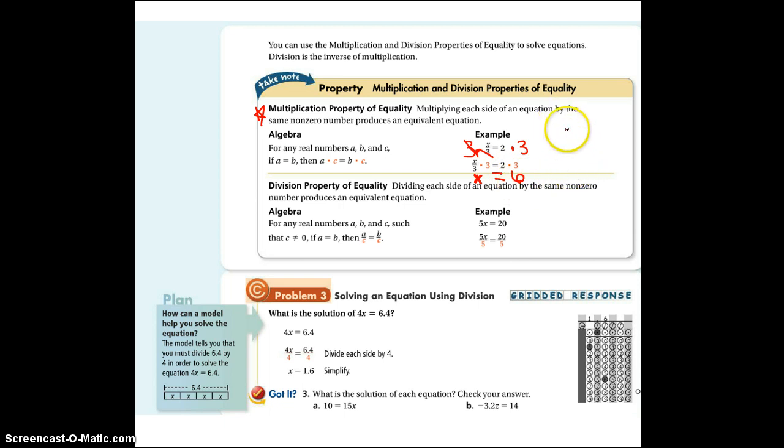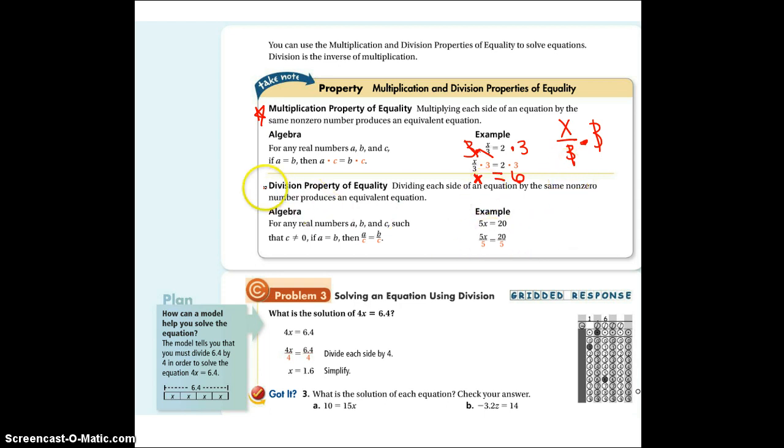All right, so x divided by 3 times 3: the 3's cancel each other out. 3 divided by 3, when I put those two things together, equals 1. That's why I got the x by itself there.